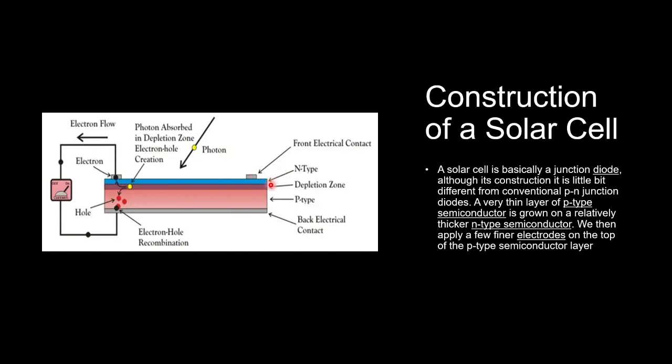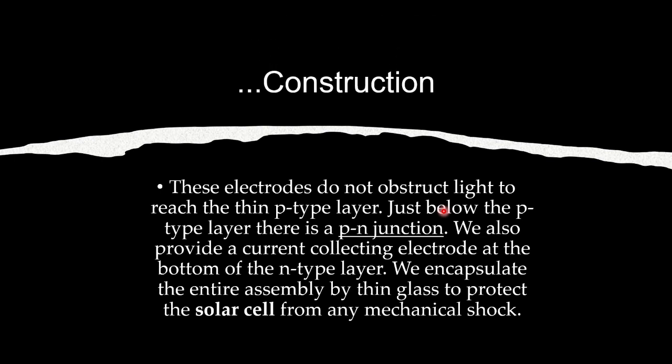This is the N type, the depletion zone, the P type, and then the back electrical contact. Here the photon is absorbed in the depletion zone and an electron-hole pair is created, which allows the electron to flow through here and then into the switch. This completes the circuit. This is the basic construction of a solar cell.